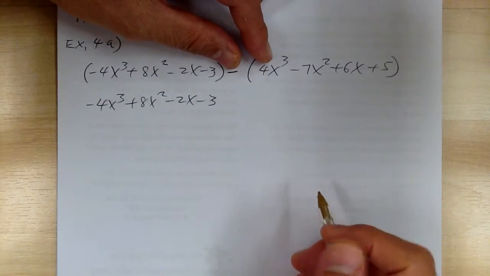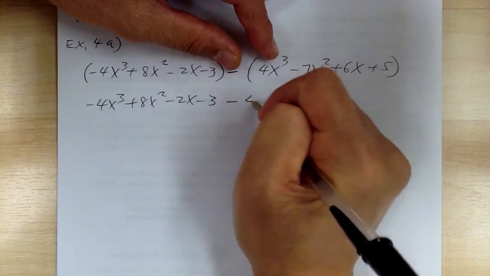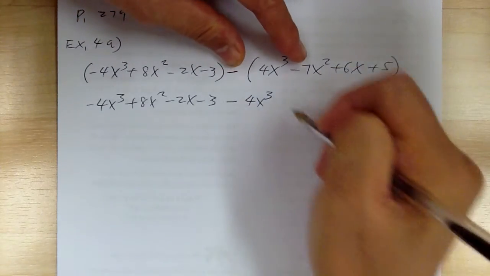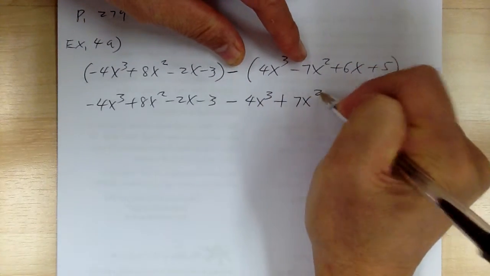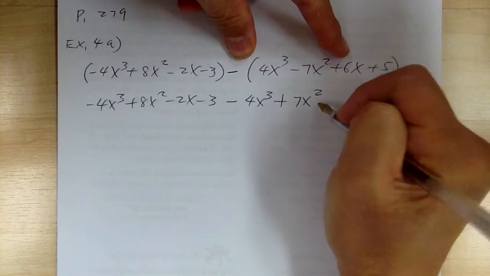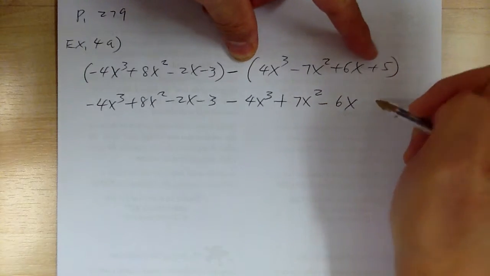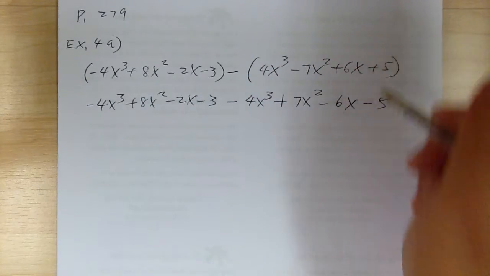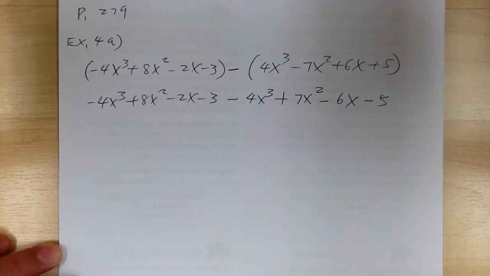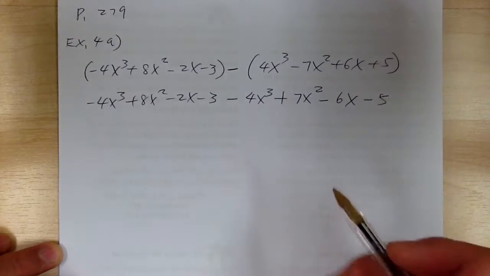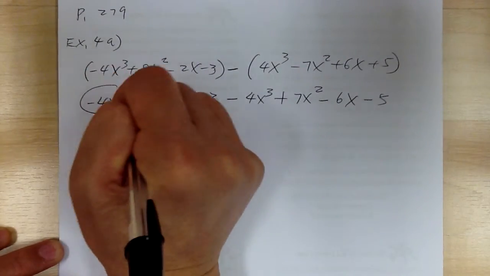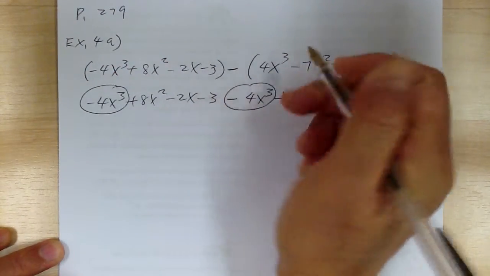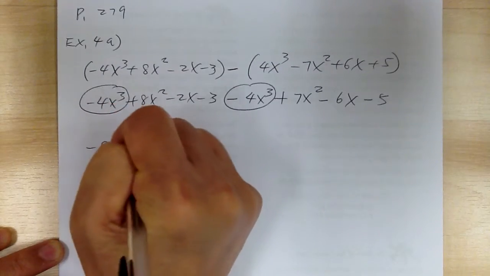You have to be careful with this over here. So this would be minus 4x cubed. This would become plus 7x squared. This one over here would become minus 6x. This would become minus 5. So you have to distribute the negative to every term. After that, it becomes like addition, just like the earlier example. So you collect the cubes: minus 8x cubed.